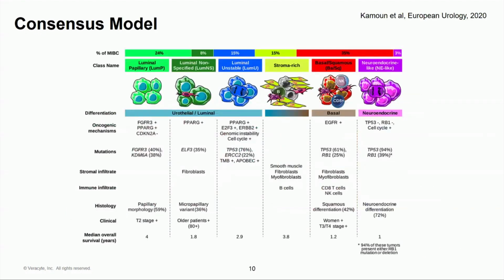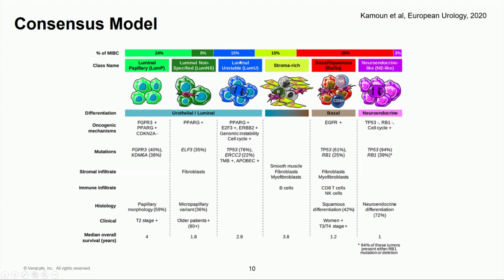And then later on, about 2019, I would say, the community got together to address all these subtyping models, because I think at that time there were probably about 8. So they wanted to create a consensus model which we could use, first as a reference point, but also as a clinical tool. Unfortunately, to date, I would say that there's no data suggesting we should use this clinically, but as a reference tool, I think it is quite helpful. They recognize, again, various luminal groups.